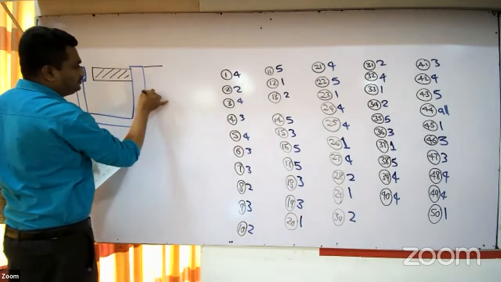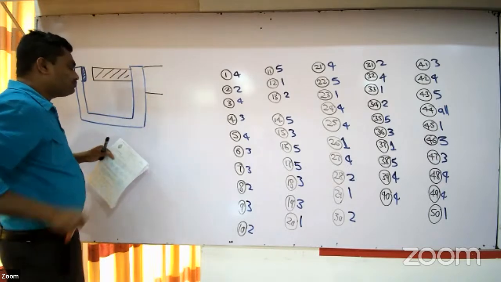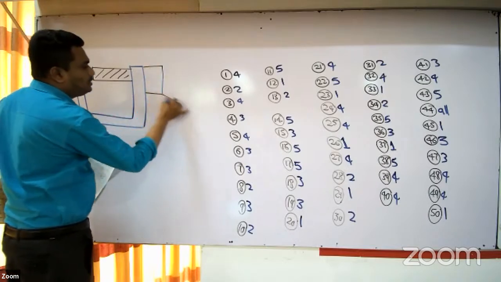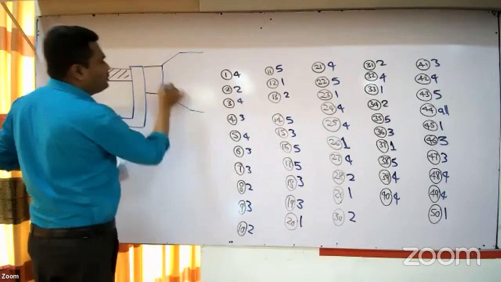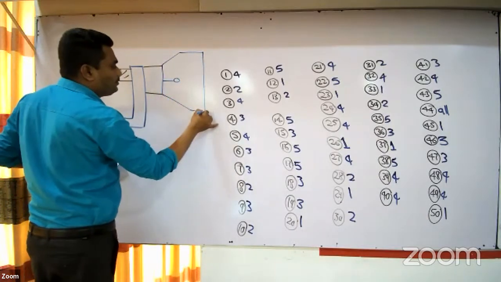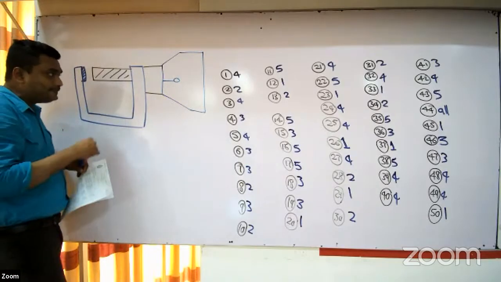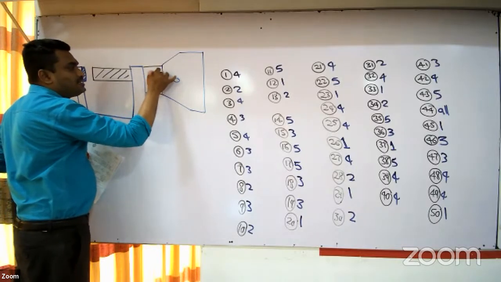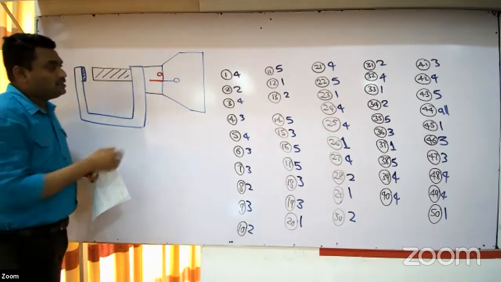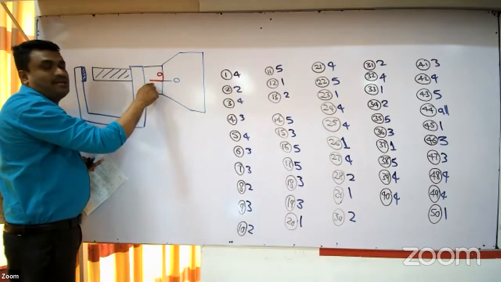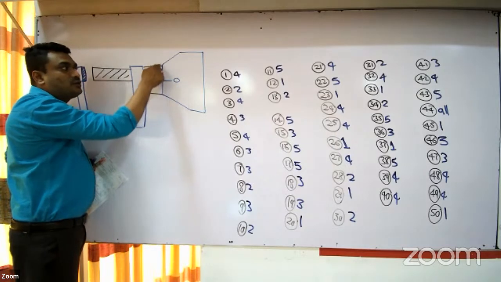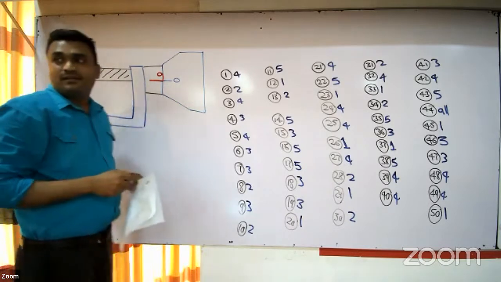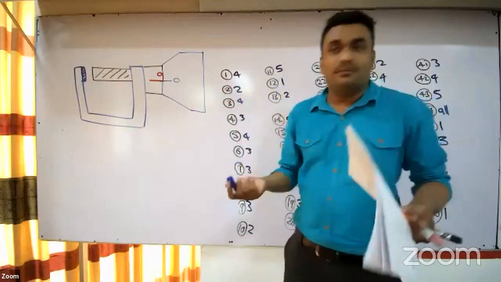If I draw the figure, this is the thimble. This is the situation when the circular scale zero line coincides with the main scale baseline, and the main scale zero line touches the edge of the thimble. But there's a gap between anvil and spindle. Right? For the question, that is the problem.